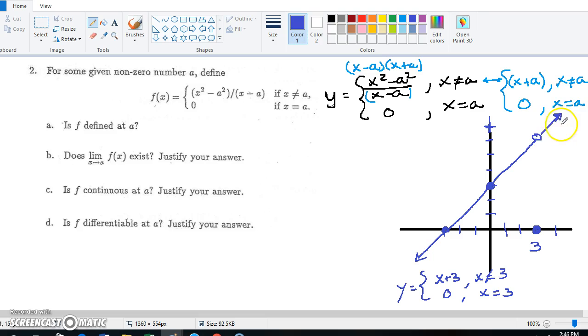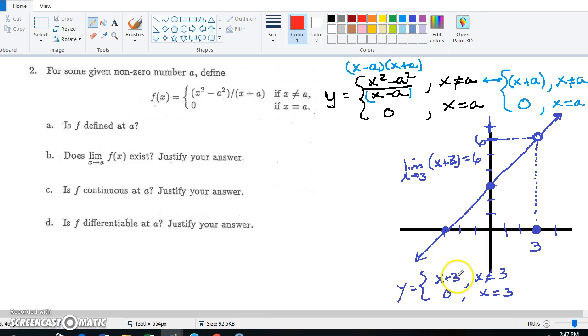All right, so there's my line with a hole in it. What is the y value of the hole when x equals 3 on my function? Well, if you take the limit as x approaches 3 of my function, x plus 3, you're going to get 6, and that is what it is.